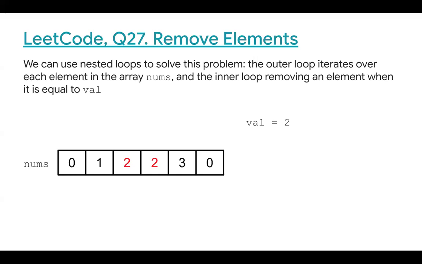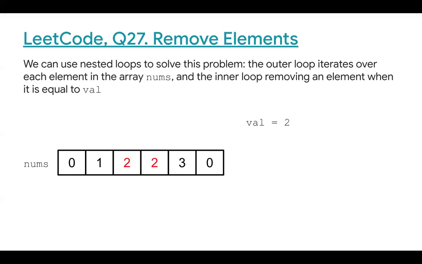So basically we loop over all the elements, and for each element, we check if it is equal to val or not. If it is equal to val, we can perform the operation to remove this element from the array.